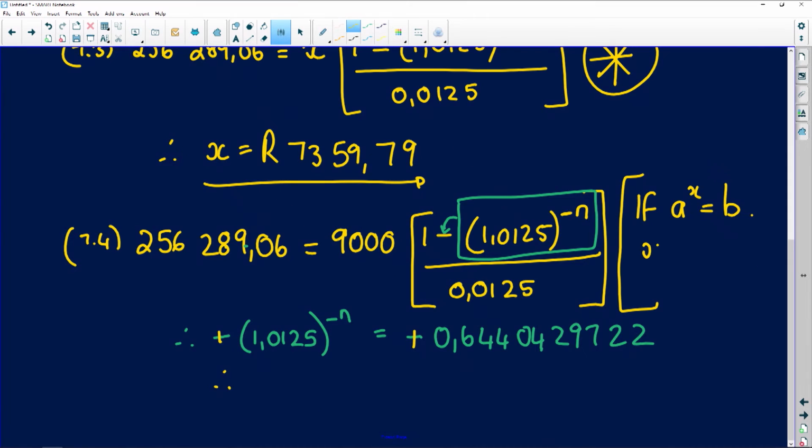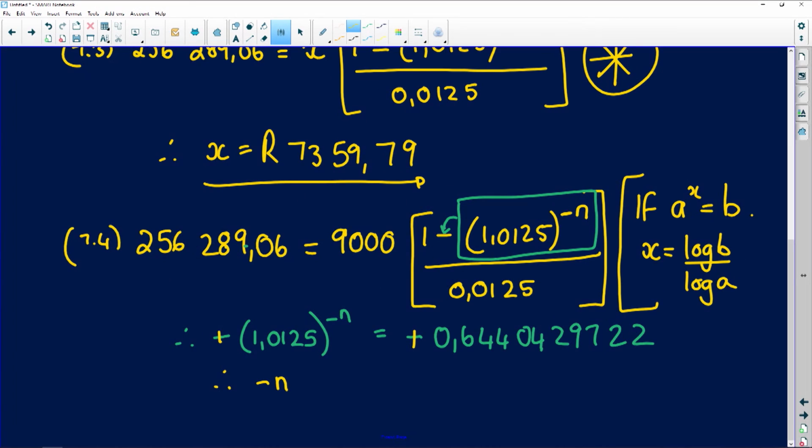So the power x is equal to the log of b divided by the log of a. Or you could have said it's log base a of b, for those of you that have a calculator with the base on it. Okay, so all that's left now for us is to take that log.